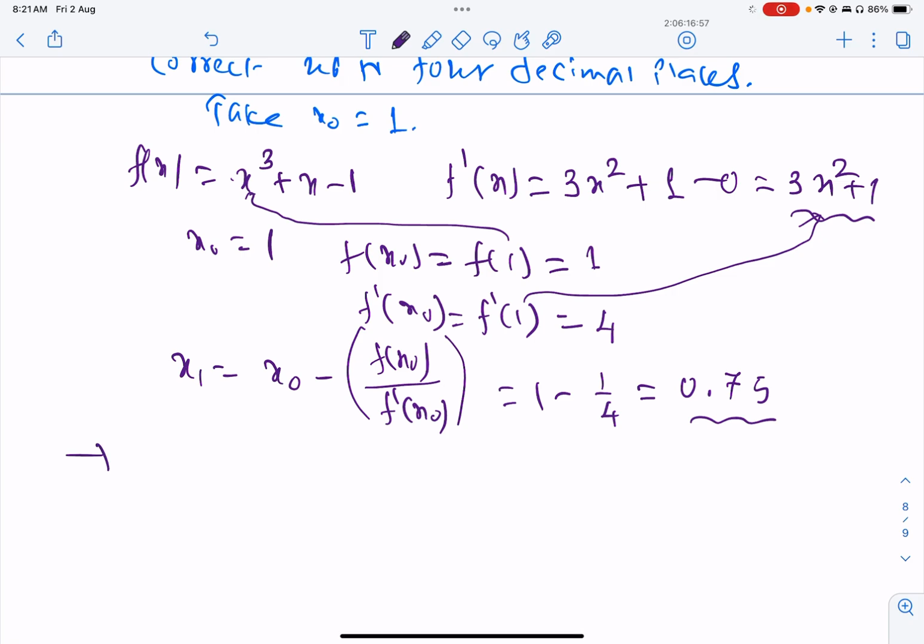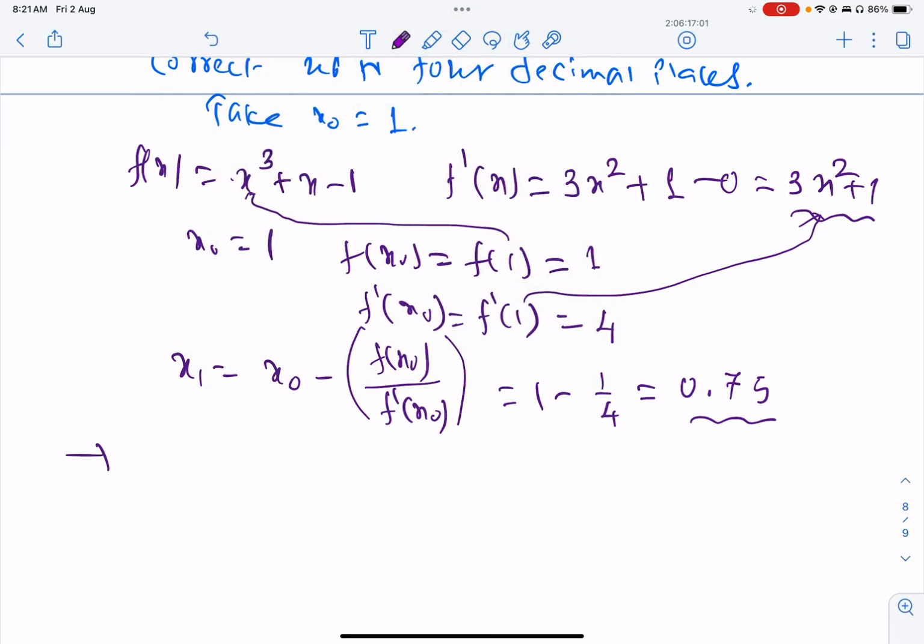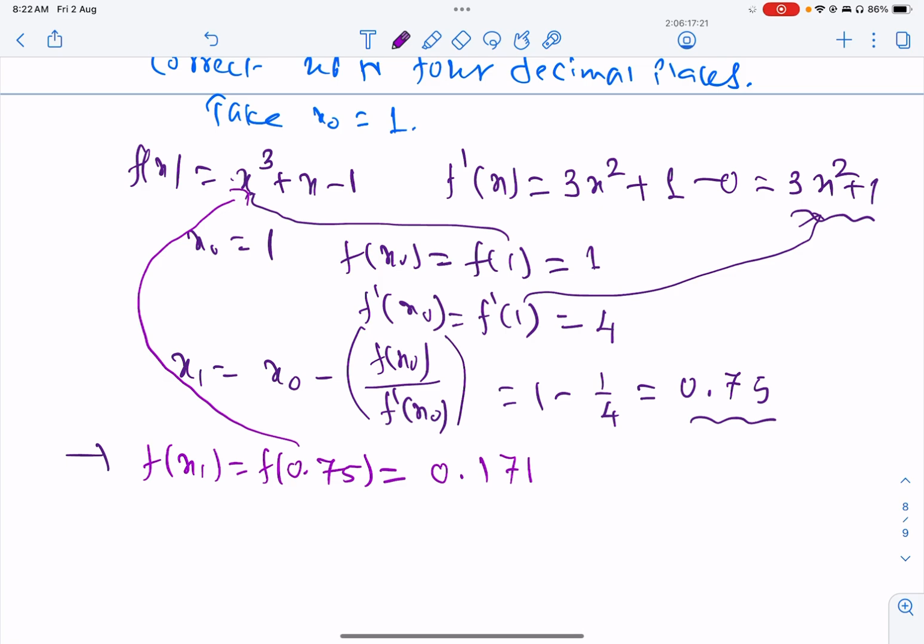Now next we find the f of x1, that means f of 0.75. So use the calculator and keep 0.75 here, 0.75 cube plus 0.75 minus 1, and you will get 0.171875.